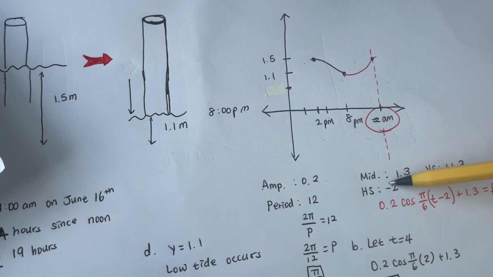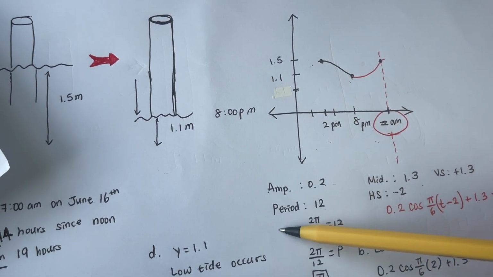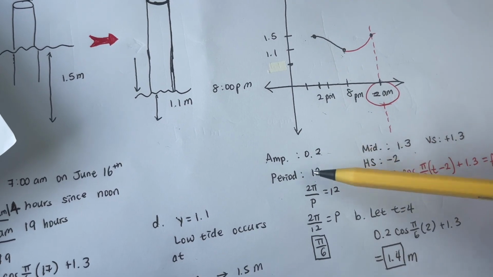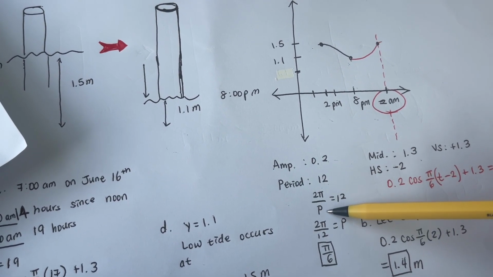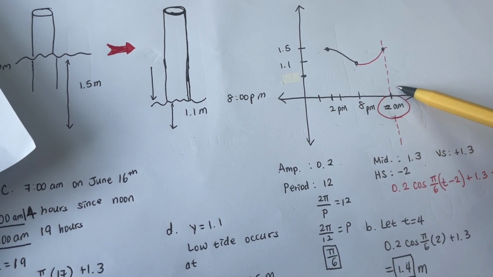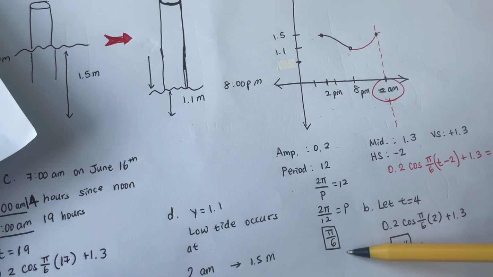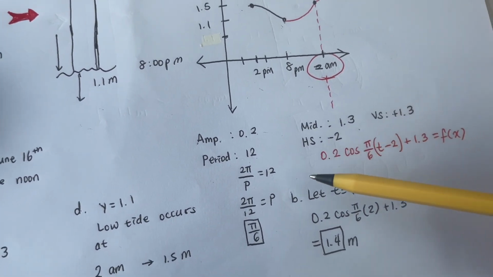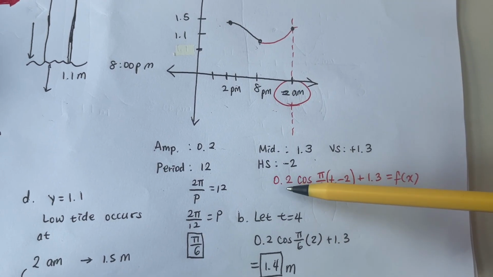Our horizontal shift would be -2, and our period is 12. I determined that by looking at the period of our parent cosine function, 2 pi divided by b equals 12, since it takes 12 hours to complete a full cycle. So therefore, our b will be pi over 6. So this is the function equation that I came up with based on what we know.